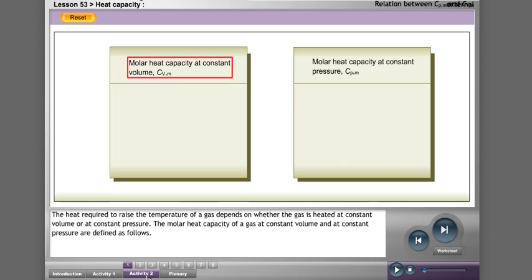The heat required to raise the temperature of a gas depends on whether the gas is heated at constant volume or at constant pressure. The molar heat capacity of a gas at constant volume and at constant pressure are defined as follows.